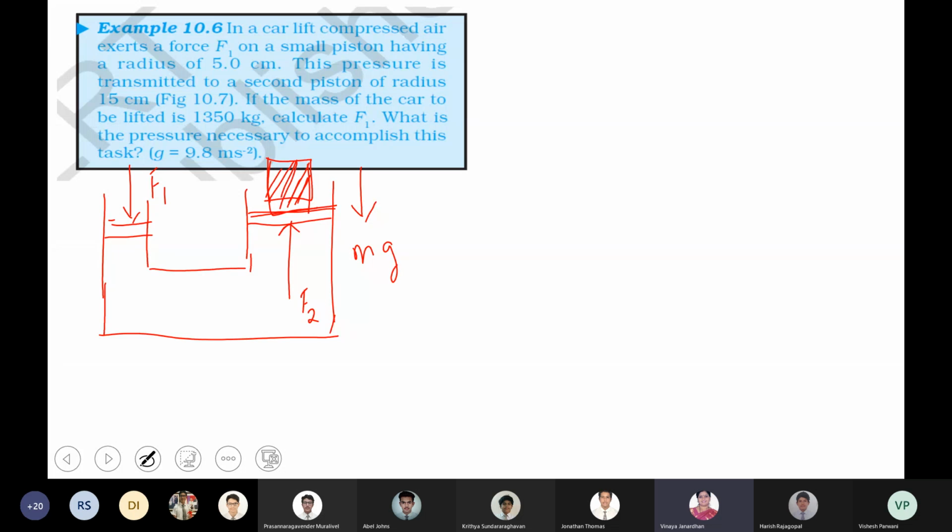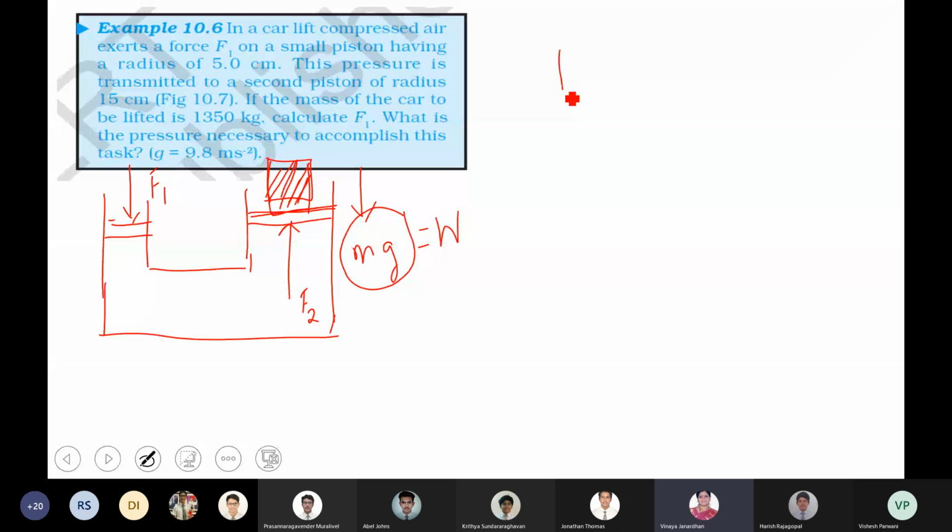So what is F2? See, if you want to lift a car, if you want to lift this object of weight m into g, what should be the minimum force? The force should be F2 equal to its weight.